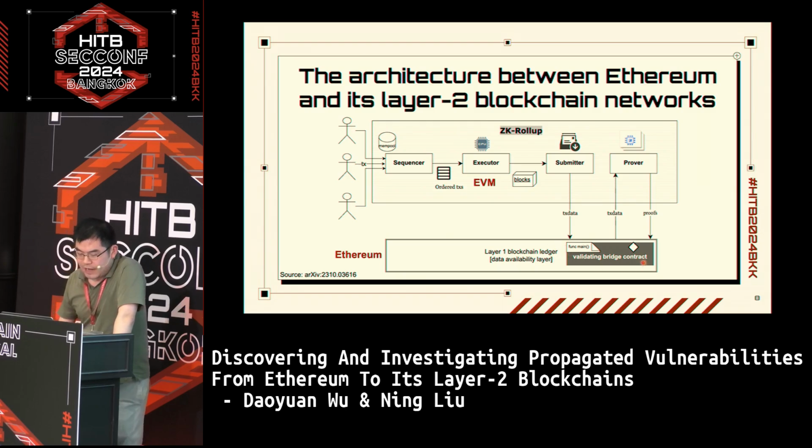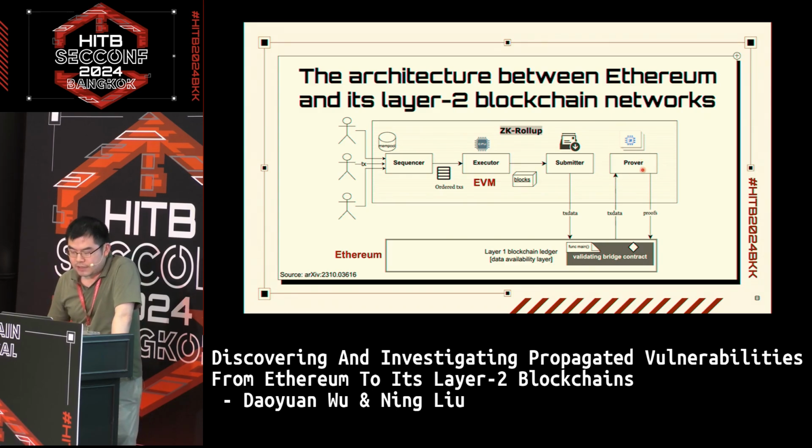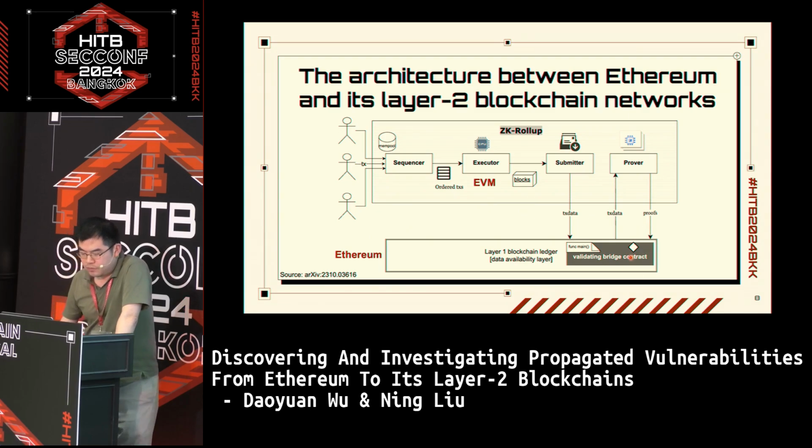On the layer 1 blockchain, there are smart contracts that receive this transaction data and send it back to the prover in the layer 2 network, and this prover further gives some proof to the smart contracts, so that Ethereum can know that these transactions actually happened on the blockchain.